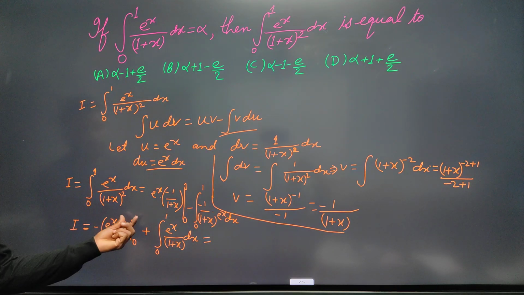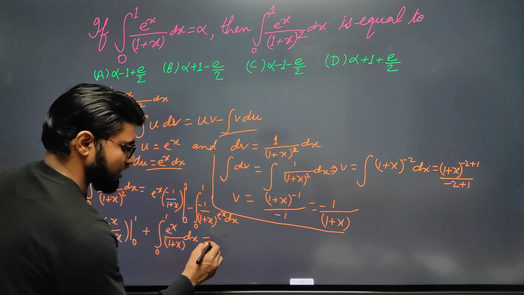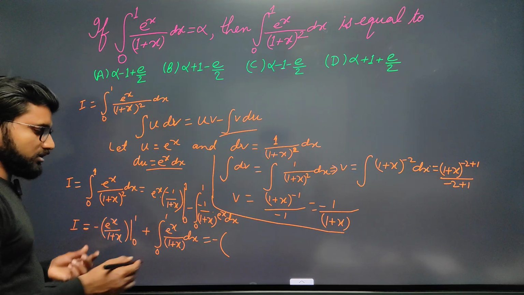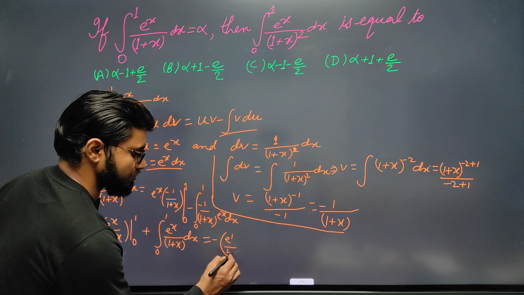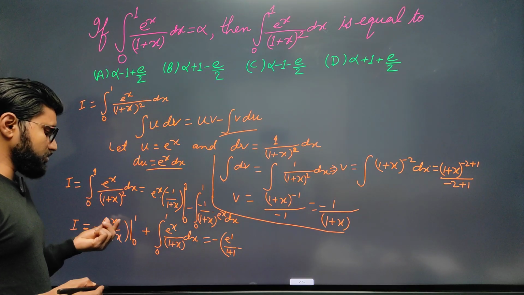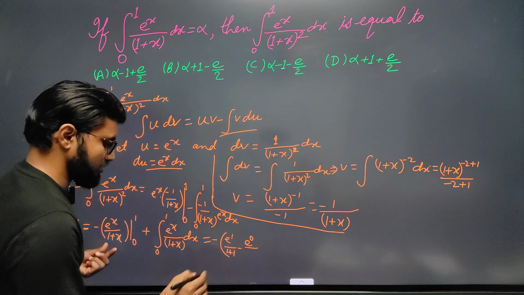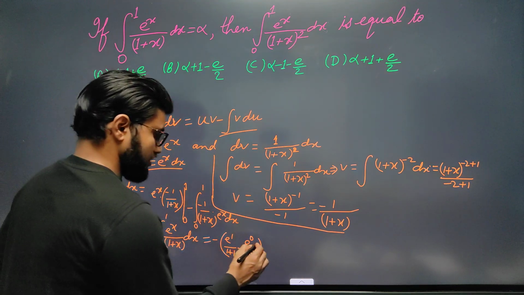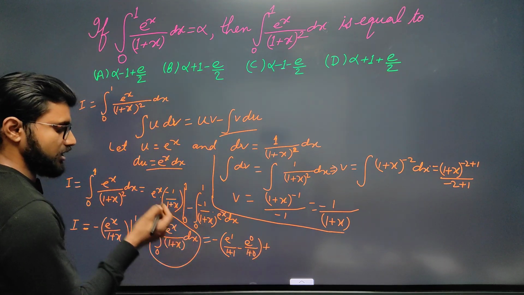Now put the upper limit and lower limit here. So the minus is outside. At the place of x put 1, so it becomes e to the power 1 upon 1 plus 1, minus the lower limit, at the place of x put 0, so it becomes e to the power 0 upon 1 plus 0, plus the integral, which is given as our alpha.